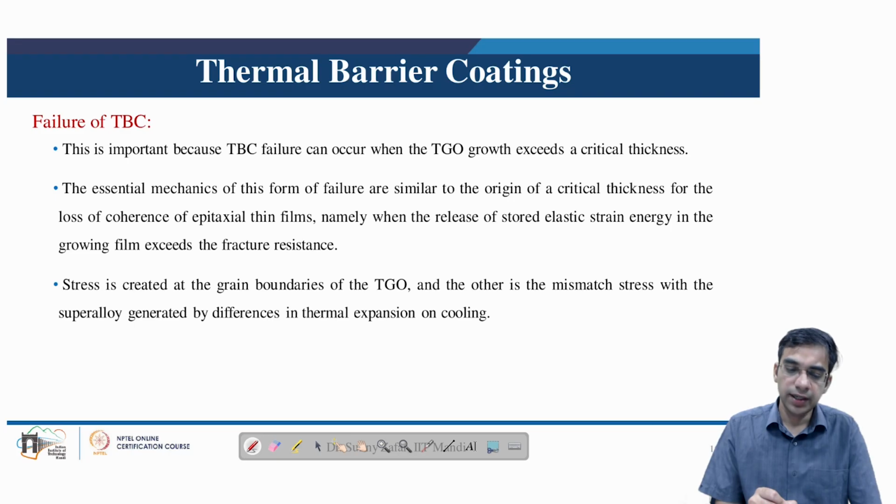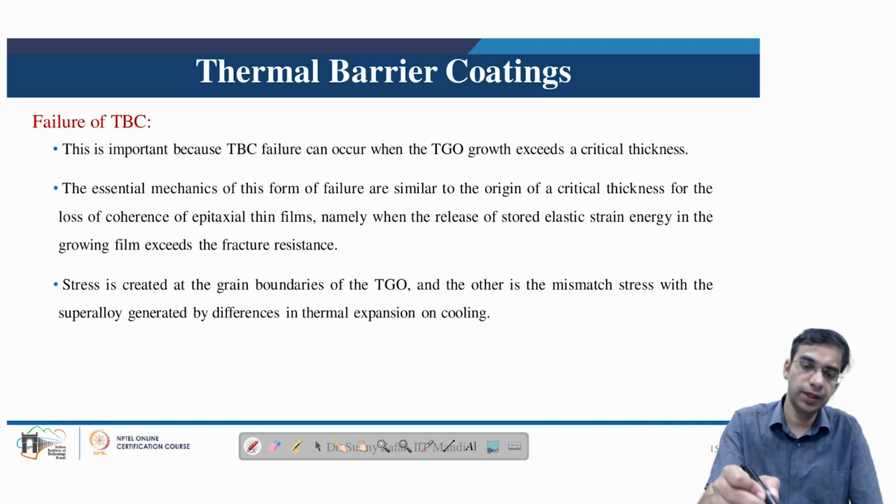So the stress is created at the grain boundaries of the thermally grown oxide layer, and this creates a mismatch with the superalloy substrate, creating a difference in thermal expansion upon cooling.